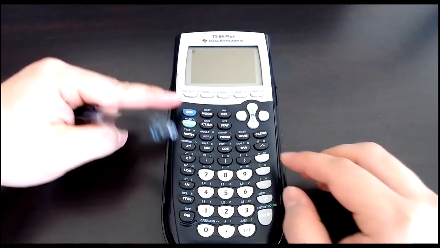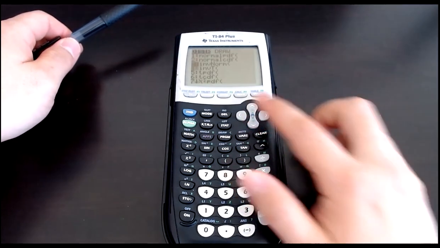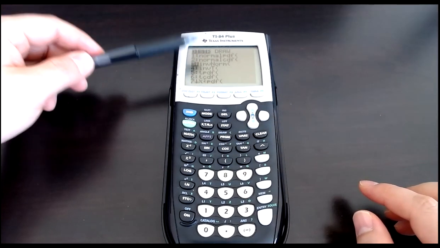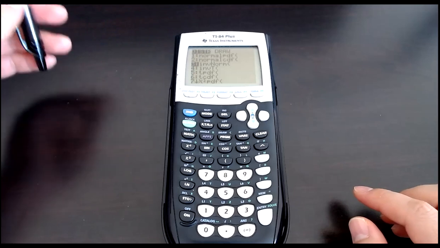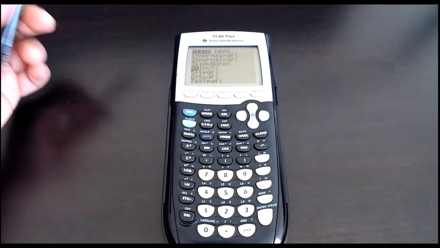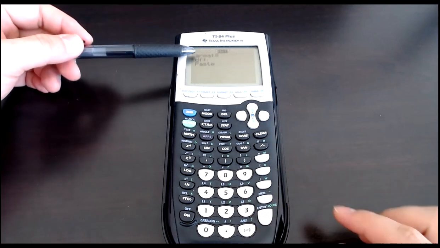Press second and then variable. Then there is inverse t. Do you see inverse norm? That's the function to figure out z sub alpha over 2. But we have to find t sub alpha over 2, so inverse t. Then it asks for the area, 0.01, right?